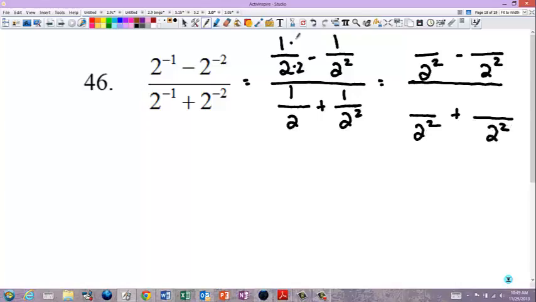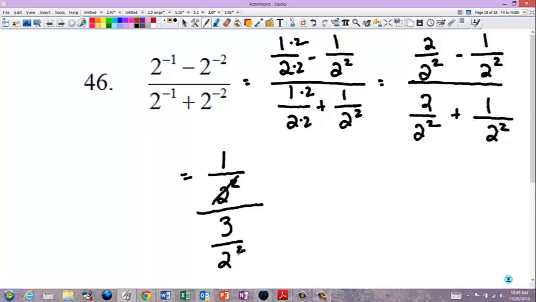Because you multiply by 2, so it'd be 2. This one doesn't change. This one doesn't change. So that's 2 minus 1 on the top is 1. 2 plus 1 on the bottom is 3. And the 2 squareds cancel out, so it's just 1/3.